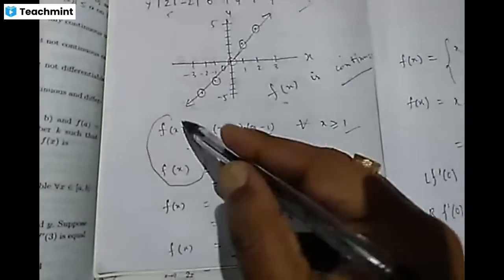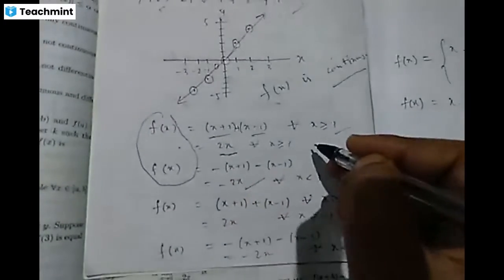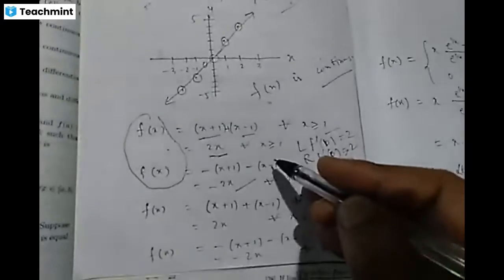So you can very easily find out that at the point 1, f(x) is not differentiable, because the left-hand derivative gives 2 and the right-hand derivative at the point 1 gives minus 2. The left-hand and right-hand derivatives are different, plus 2 and minus 2. So at the point 1 this is not differentiable.